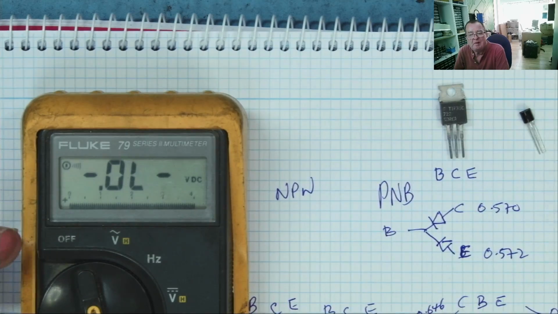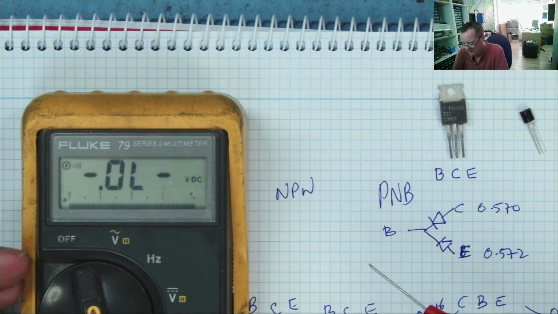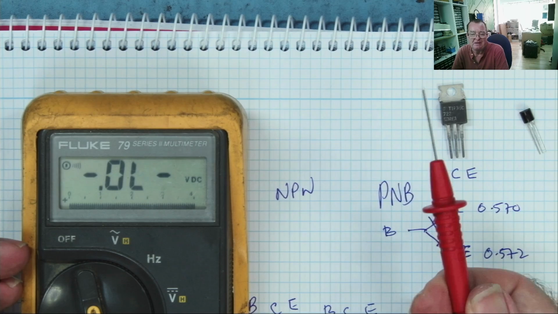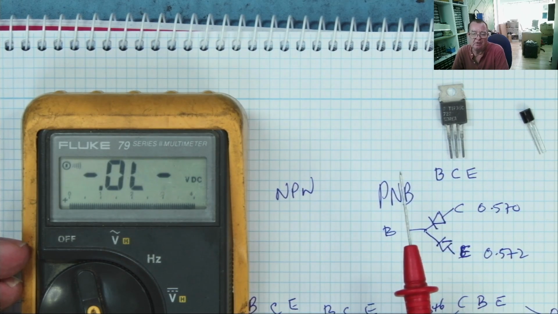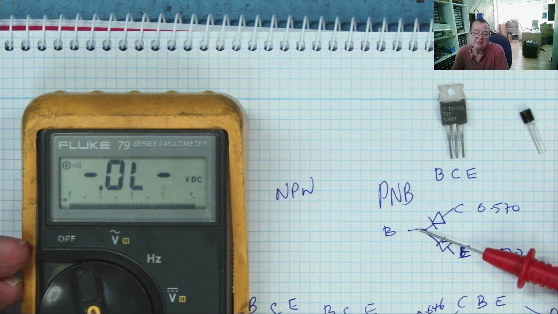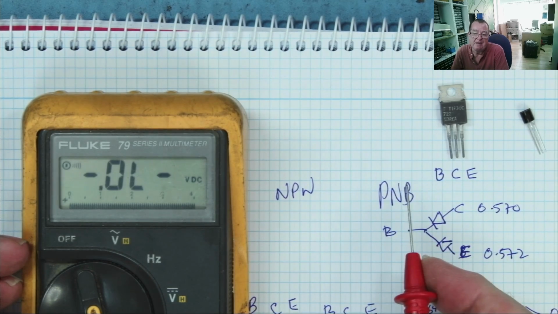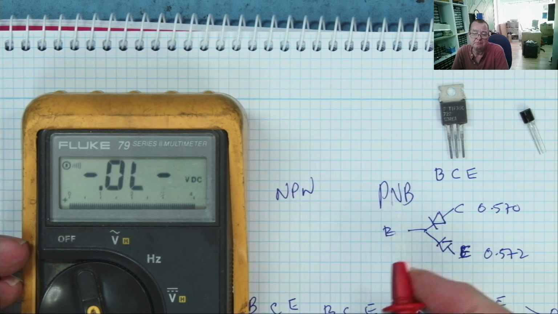The way I normally remember them without thinking about it, by the way, I think NPN, and the P is the middle letter, and it's like the middle of the two junctions. If you put your positive lead onto the base on an NPN, P for positive, consider that the base, the middle junction, okay, NPN, positive on the base, it should conduct.